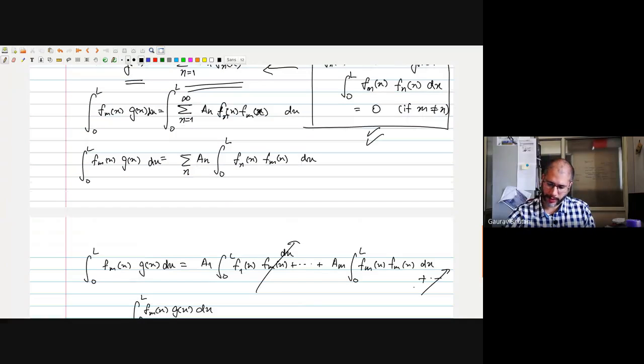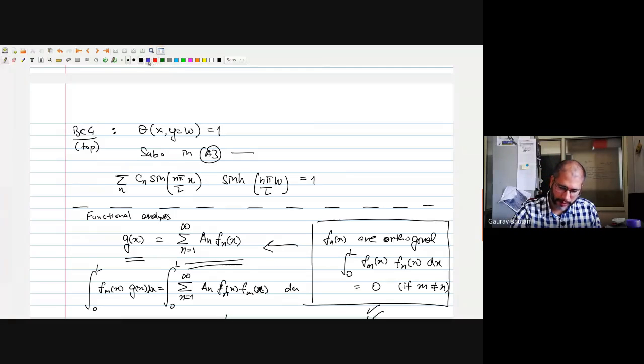Now let's see what our values are in this expression. Here, this is my g(x), which is just 1, and I'm writing that g(x) as a sum of different functions. The f_n(x)'s are sine(pi/L times x), sine(2 pi/L times x), and so on.